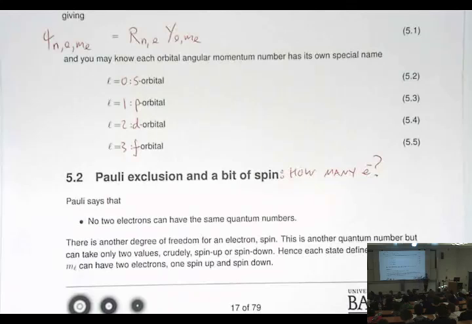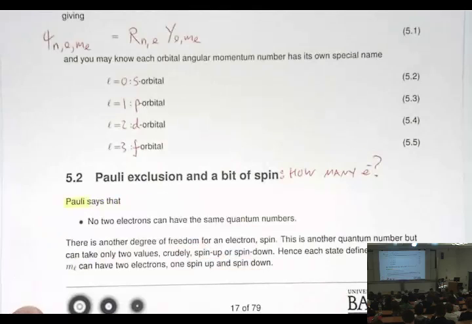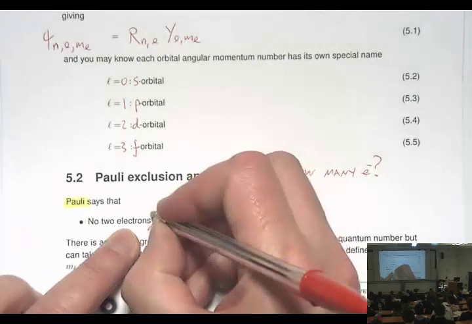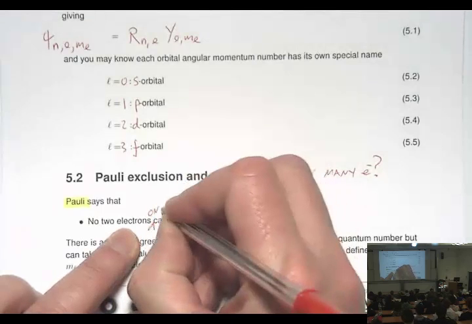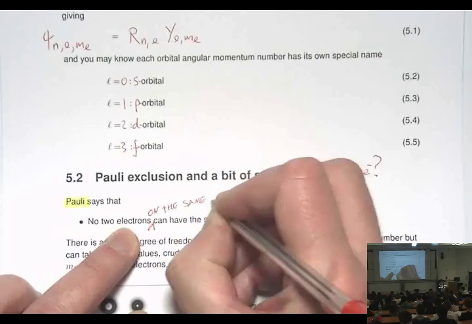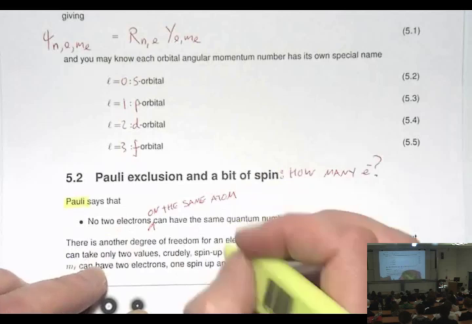What happens to those 17 electrons? Can they all just stick into this lowest energy state, this 1s state? What happens to them? Well, you all know that doesn't happen. We have the Pauli principle. What does Pauli say? Pauli says, no, 2 electrons, and I missed this bit out, on the same atom can have the same quantum numbers.